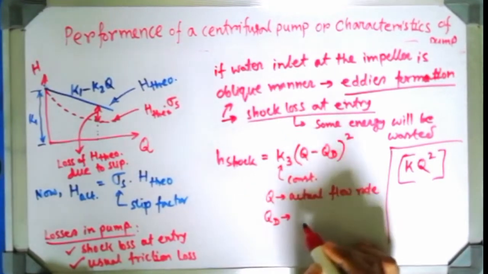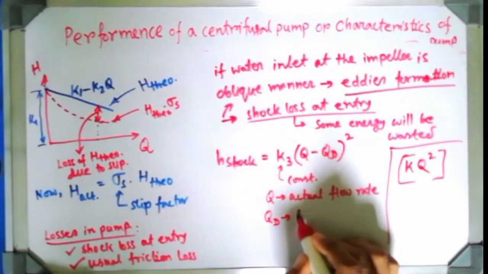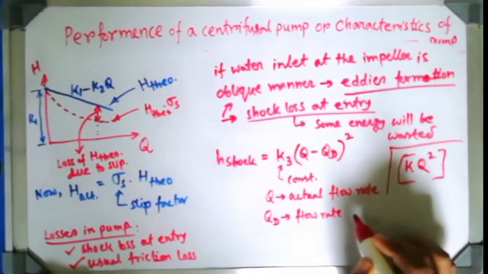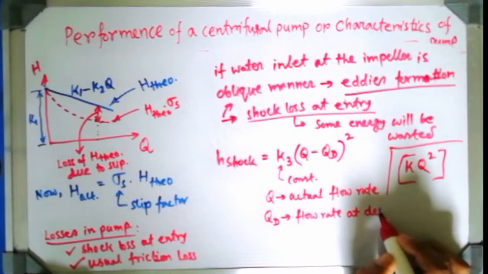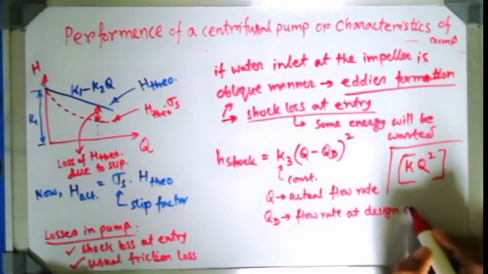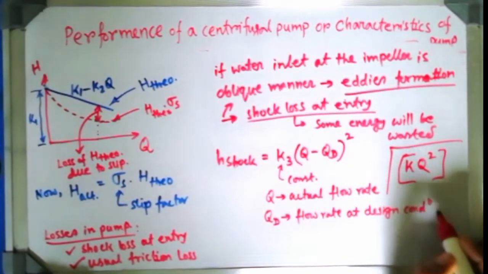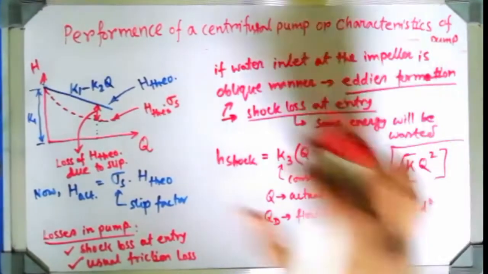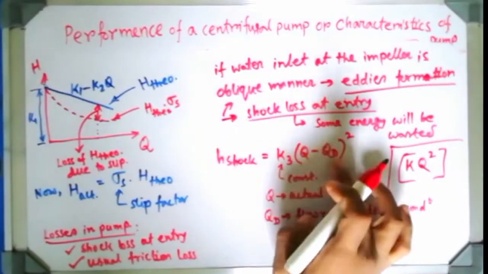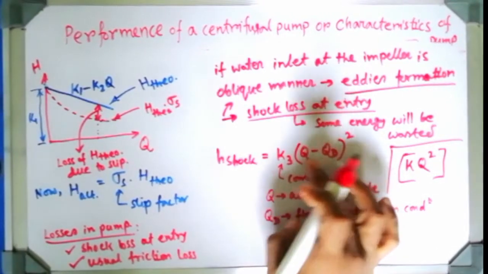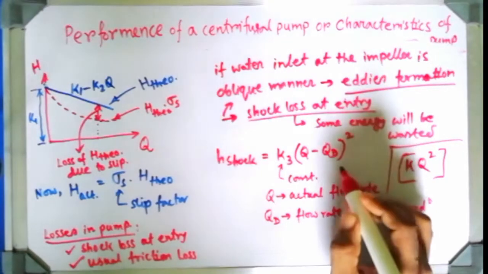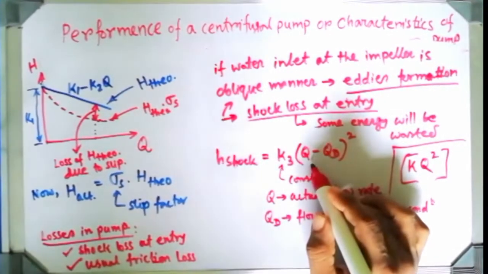And QD is nothing but the flow rate at design condition. Obviously this design condition won't be maintained if there is a shock loss, so some difference between these two parameters will be there. QD obviously will be higher, Q will be lower.